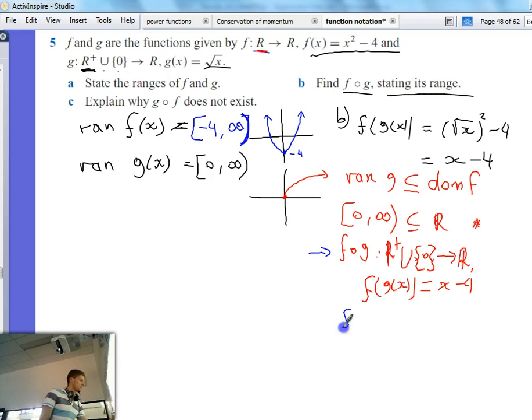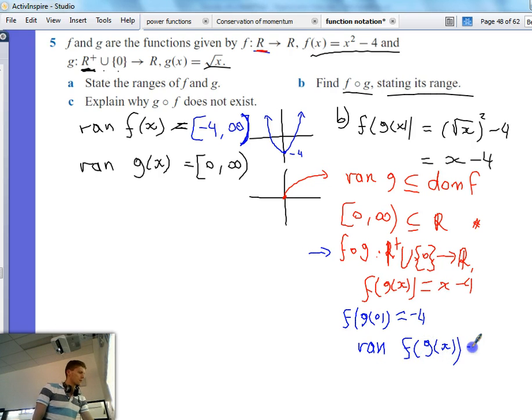In this rule, f of g of 0 gives us negative 4. The largest possible x value is positive infinity, which gives a corresponding y value of infinity as well. So the range of f of g of x goes from negative 4 right up to positive infinity. There's our range.